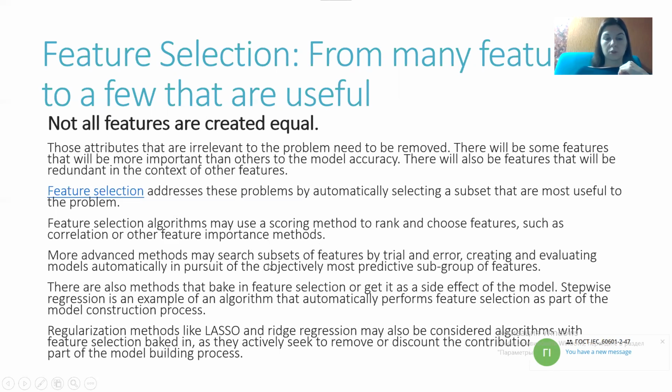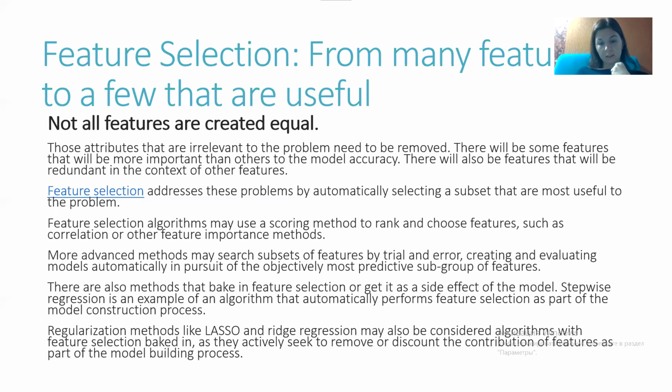More advanced methods may search subsets of features by trial and error, creating and evaluating models automatically in pursuit of the objectively most predictive subgroup of features. So if you have a good computer with fast calculation speed, you may just create several subsets of features and evaluate the model, a classification model for example, a lot of times using different subsets, and select the best subset from all.